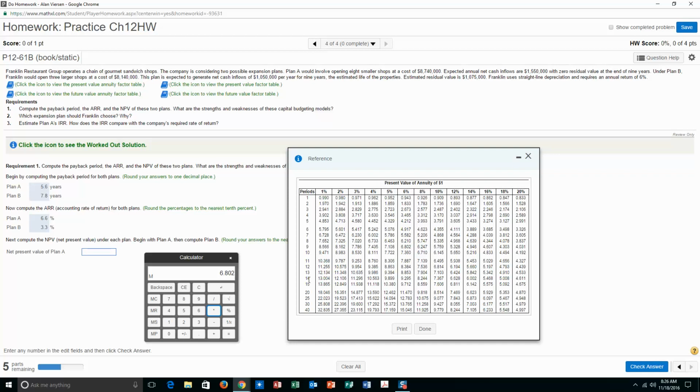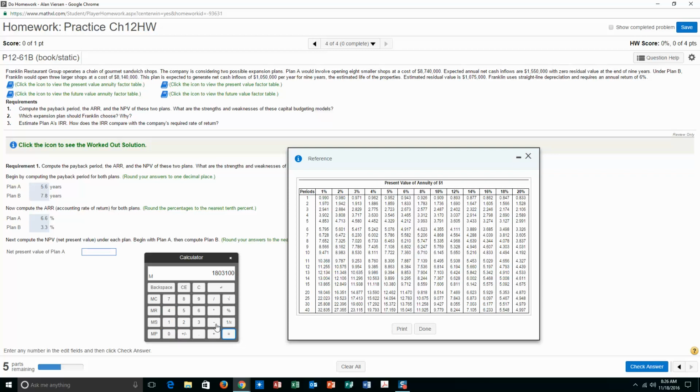Okay, so that's going to give me my present value of all of my cash flows. And then all I have to do from this point is subtract what the investment is. So the investment is 8,740,000.